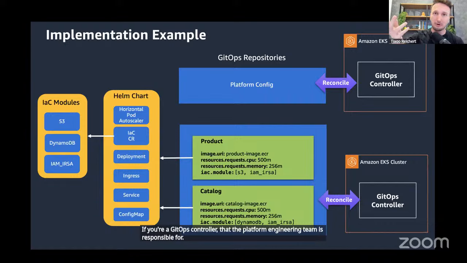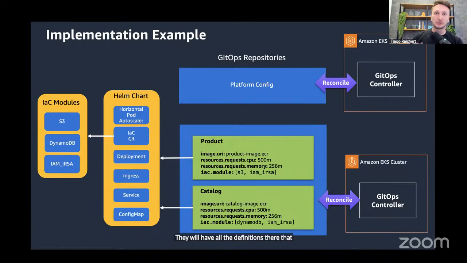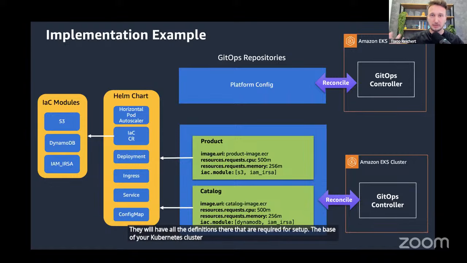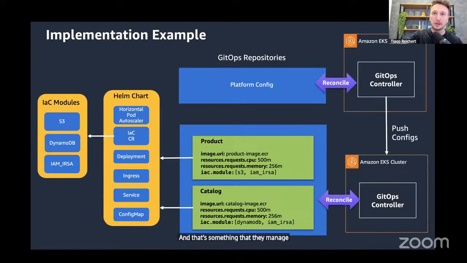They will have all the definitions there that are required to set up the base of your Kubernetes cluster, where their applications can be deployed later. And that's something that they manage, and they can push those add-ons into the data plane clusters, or the clusters that have the application itself, having those separate responsibilities.